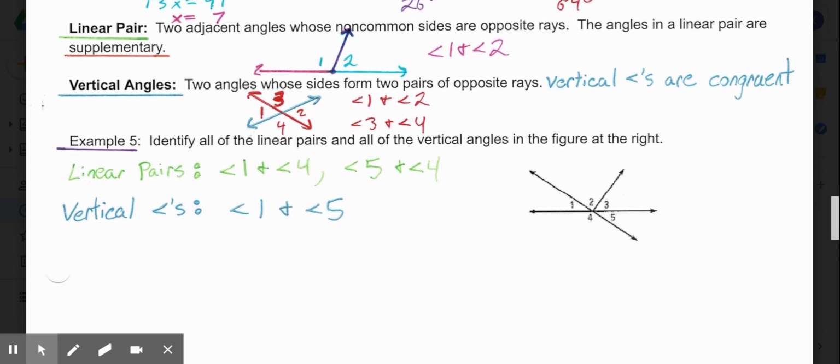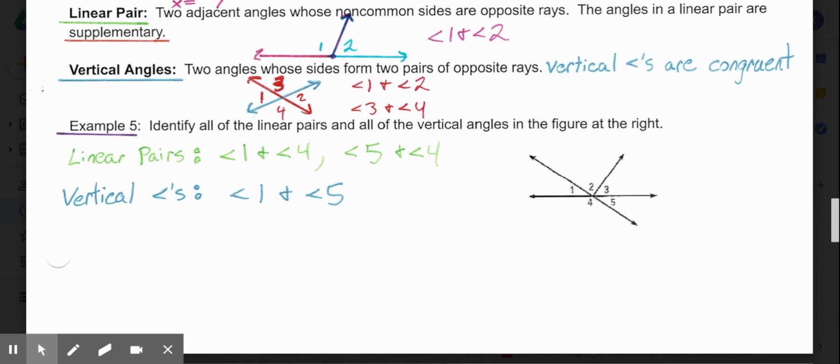Then moving to our other two definitions for angle pairs, we have a linear pair. A linear pair are two adjacent angles whose non-common sides are opposite rays.